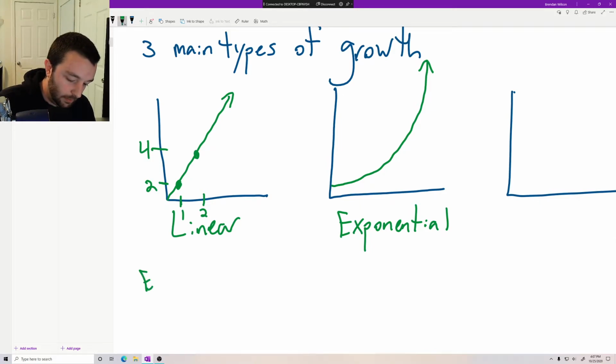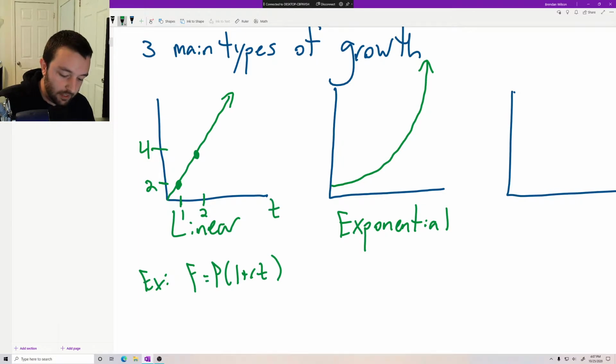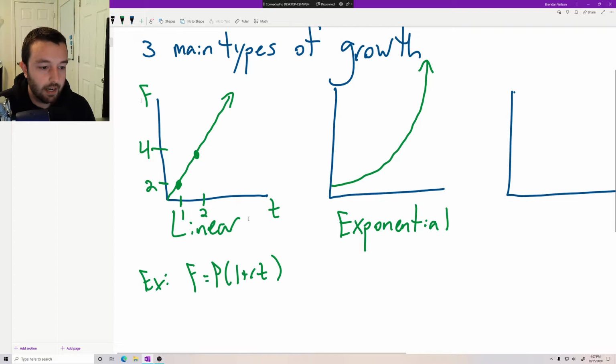An example of this one, like I said, is simple interest, F equals P times (1 plus rt), where on this axis right here we have t, and on this axis we would have F. So at time 1, we have $2. At time 2, we have $4, something like that.